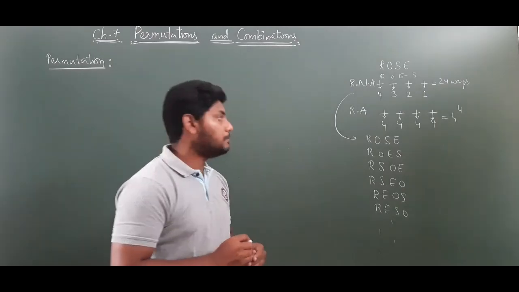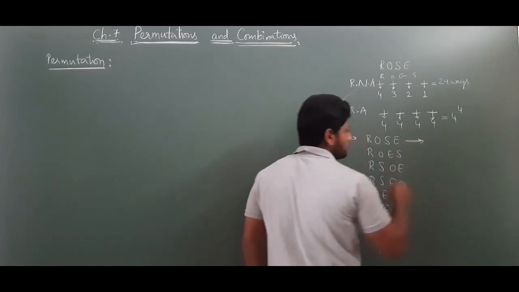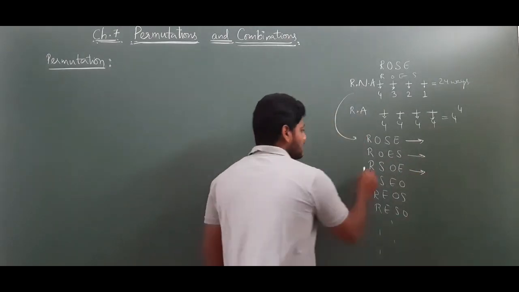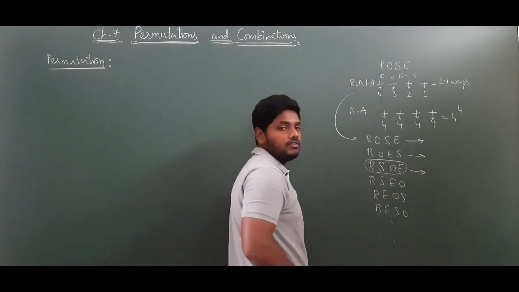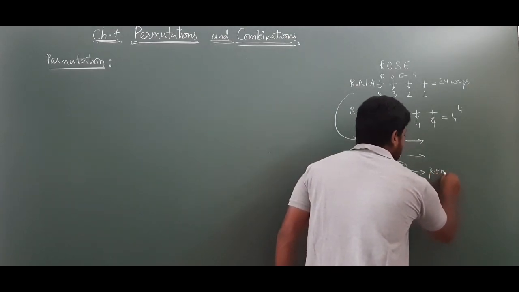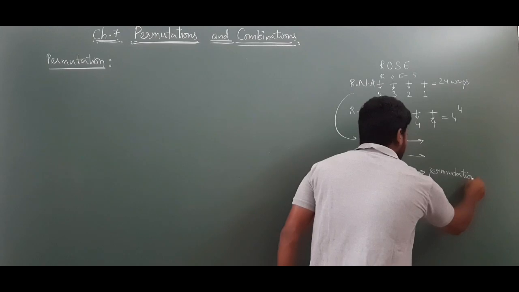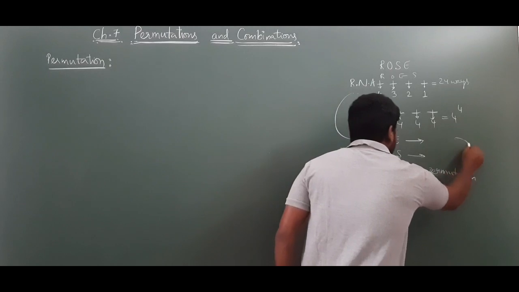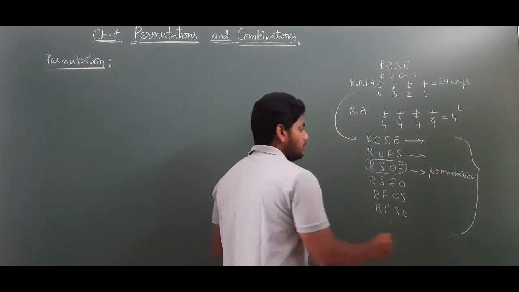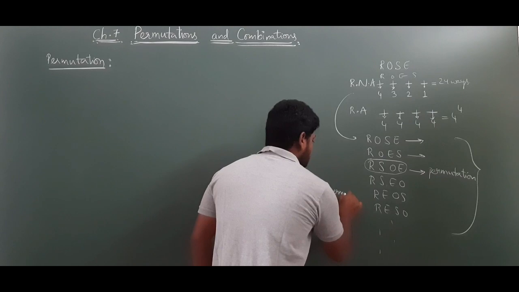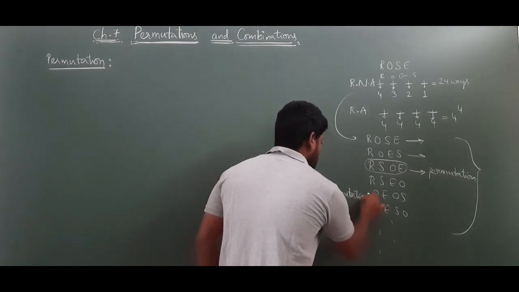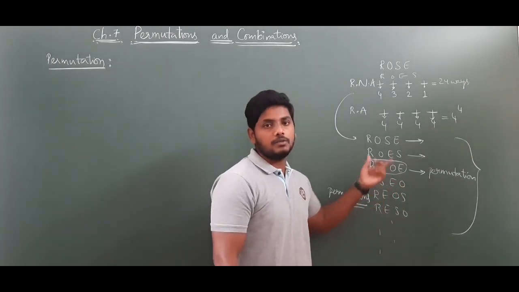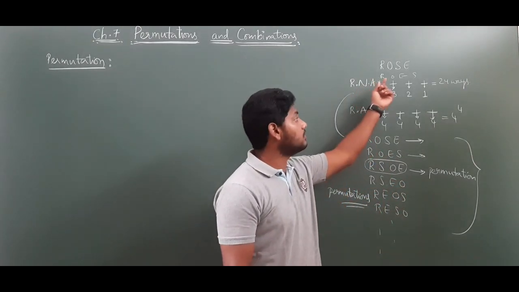In that, if we consider any one word, ROSE or ROES or RSOE, that one word we will consider as a permutation. Now the number of all possible permutations we will call permutations. A permutation means a single word, a possible word we can form by using the word ROSE.